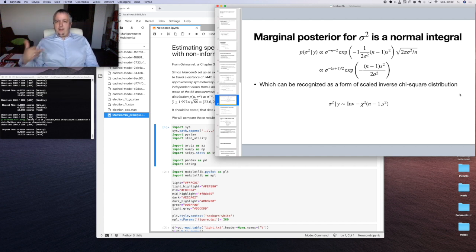So from this derivation we get that sigma squared, conditional on y, is distributed as inverse chi-squared parameterized by our variance estimator s squared. Again, only one sufficient statistic is needed in order to get the marginal distribution of sigma squared.